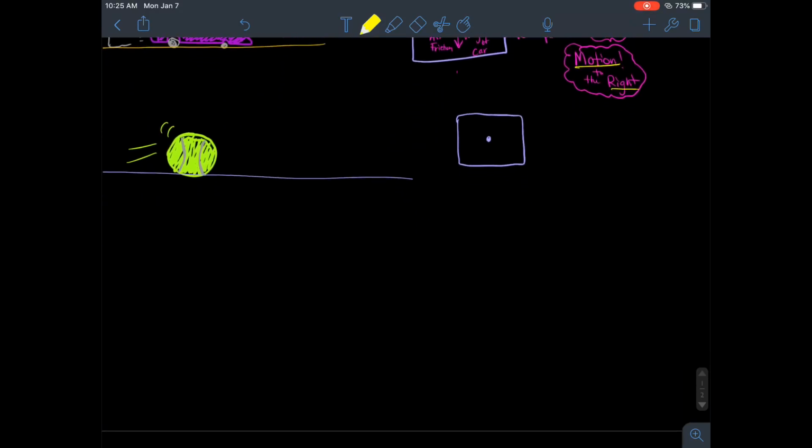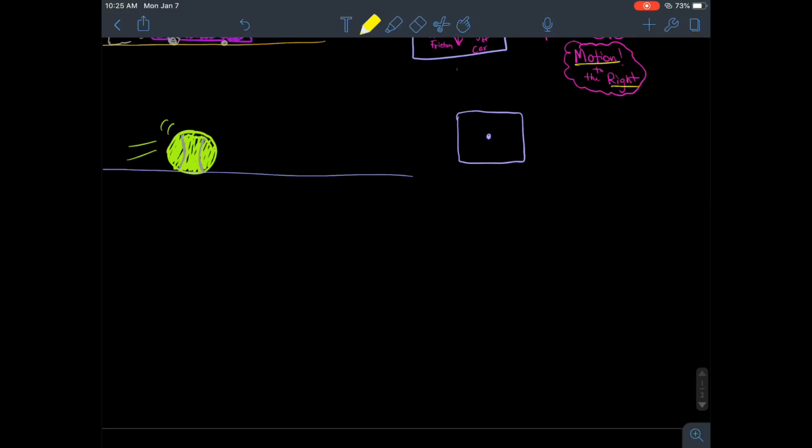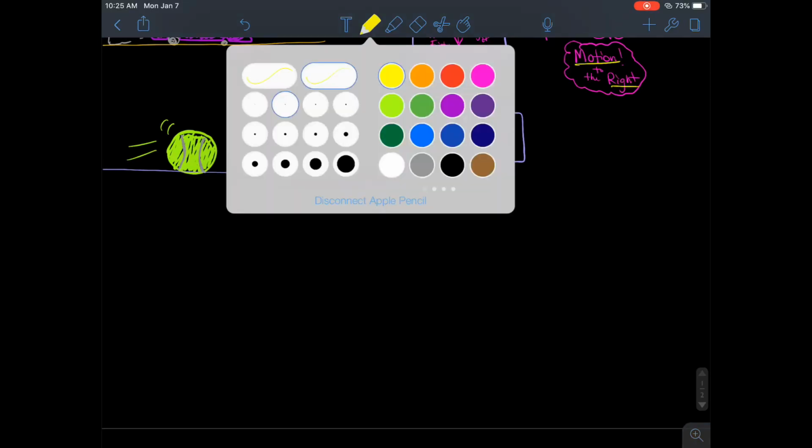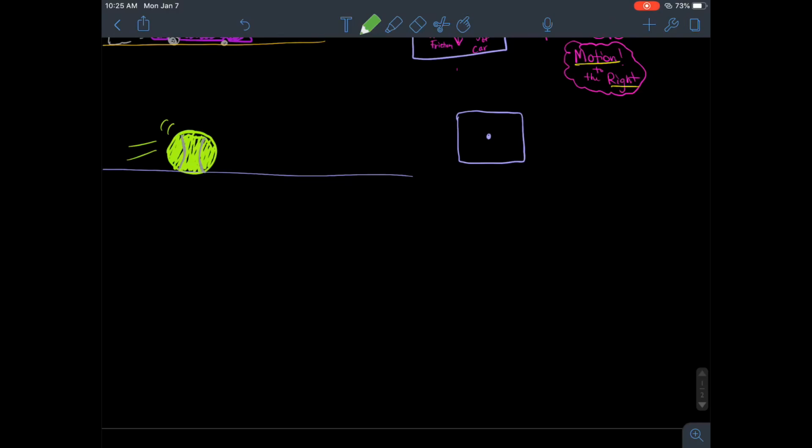All right, let's then look at a tennis ball that is being rolled across a table. So again, the table is holding up the tennis ball, but the tennis ball has mass. So let's say that we have an upward force of the table, and there's also the downward force of the tennis ball, but we can call this the weight of the tennis ball.